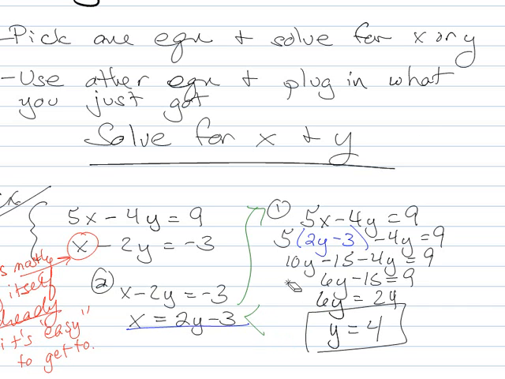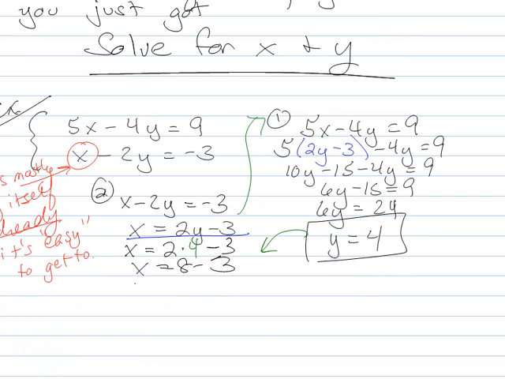Now I can plug this answer back in for y, because I say x equals 2y minus 3. Now instead of y, I can say 2 times 4 minus 3. So I've got x equals 8 minus 3, or x equals 5. So my answer is 5, 4.